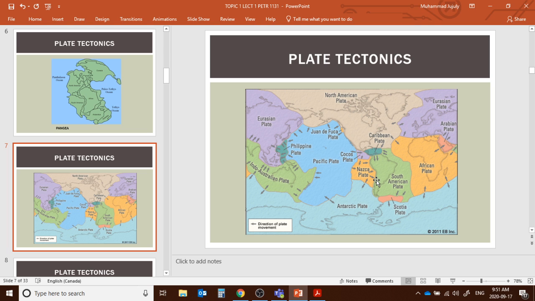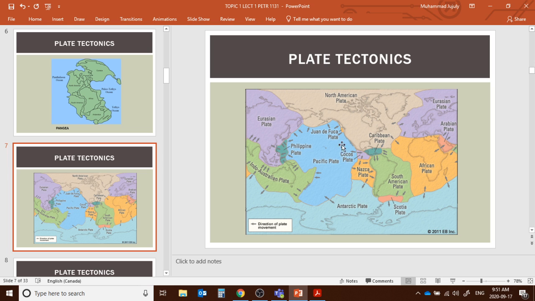So probably you'll hear a terminology like the earthquake prone zone, right? So you know which area in the world got most of the earthquakes.